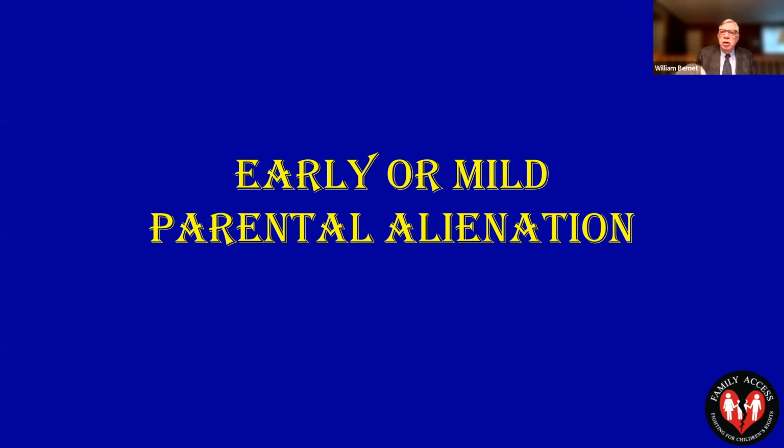So those are the loyalty conflicts. And now we're moving on to alienation, where it's a divorce situation and the child solves it by gravitating to one parent and rejecting the other parent. So let's see what happens here.